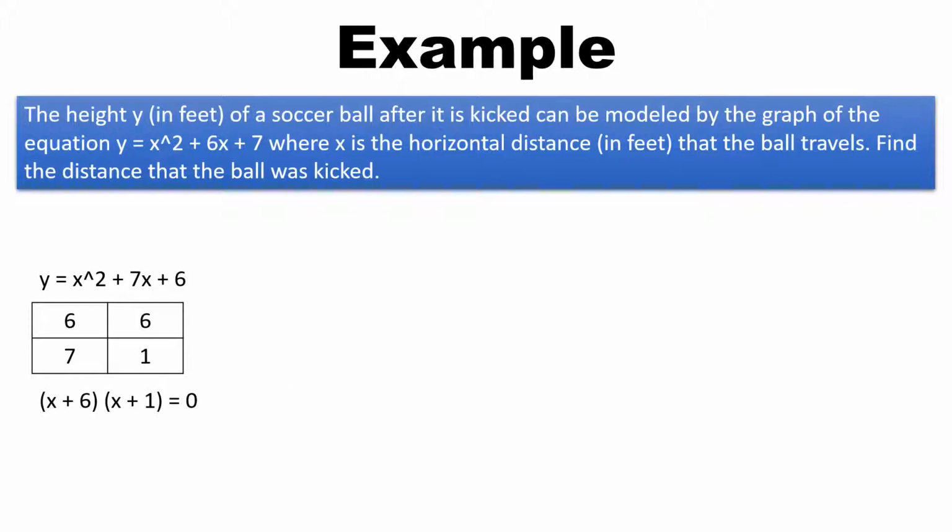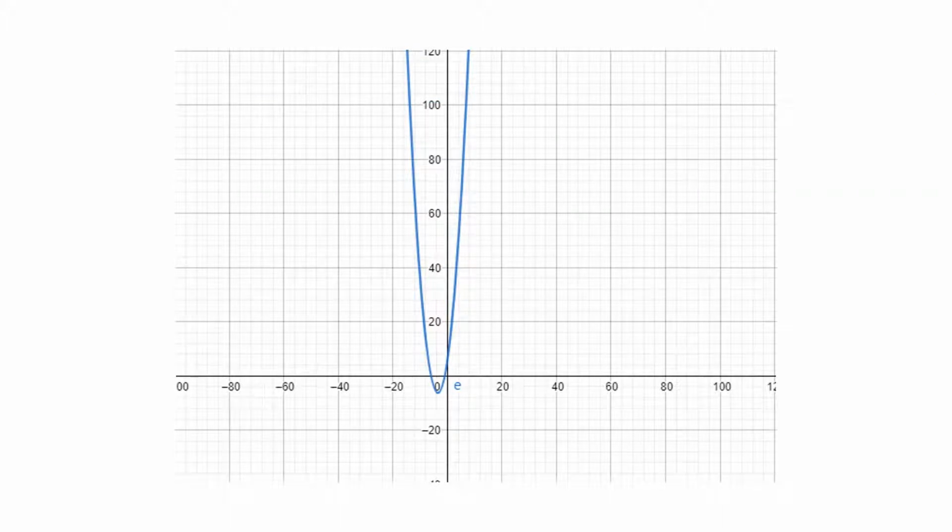So you put them in parentheses, x plus 6 and x plus 1 equals 0. Now you solve it in the way I mentioned. So it will be x equals -6, x equals -1. And this is the way the graph is gonna look.